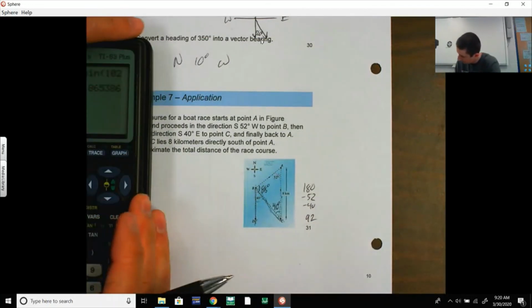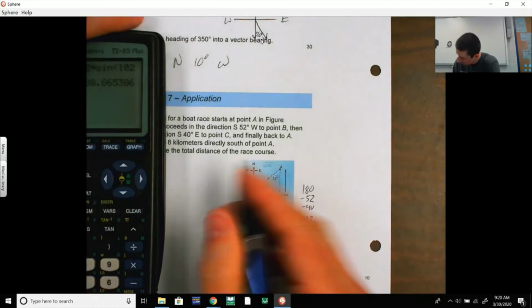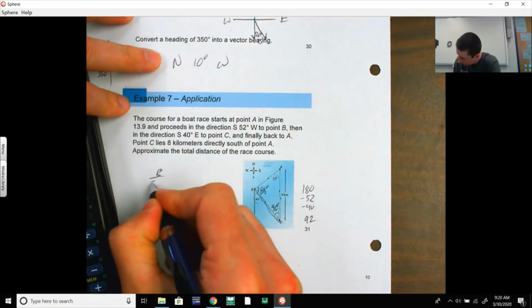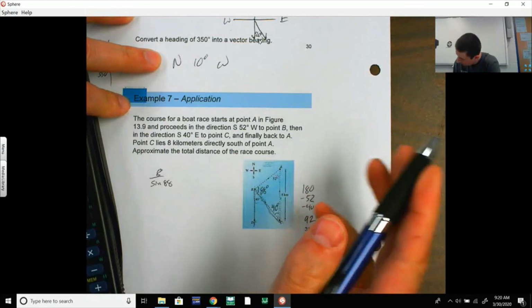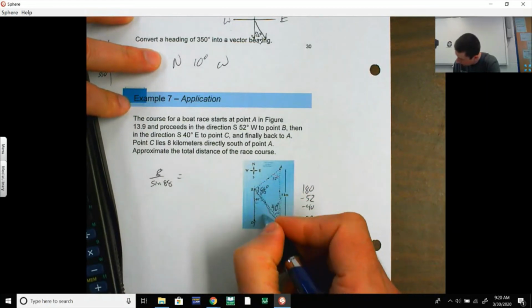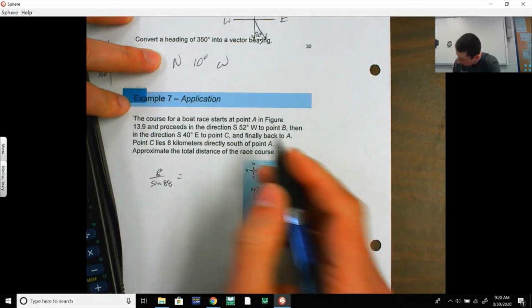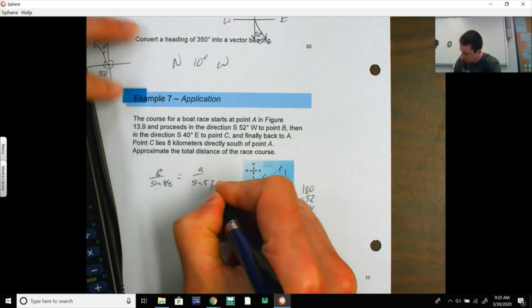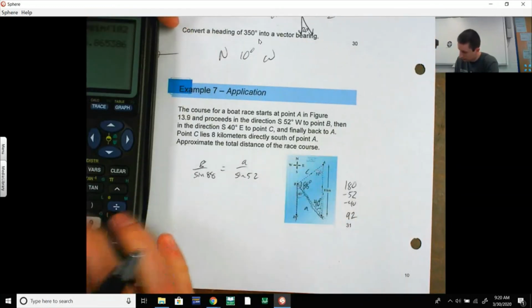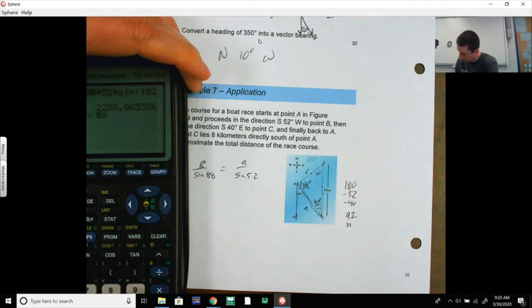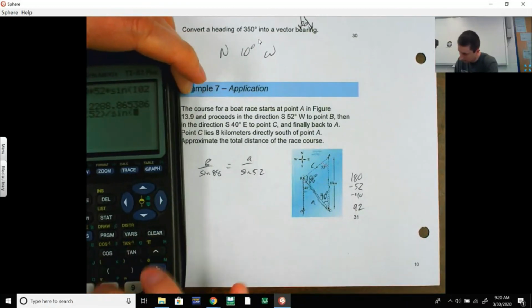Okay, try to get this done real quick. So it'd be 8 over sine 88 equals, this is A, A over sine of 52. So 8 sine 52 divided by sine of 88.